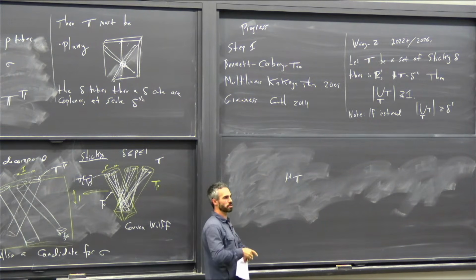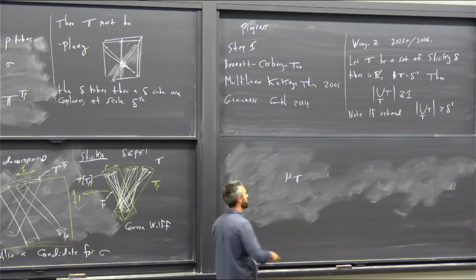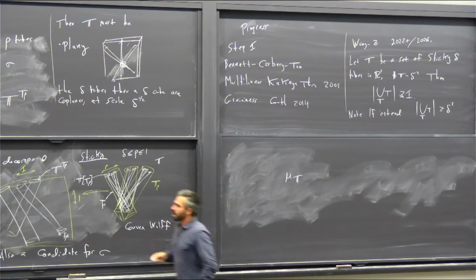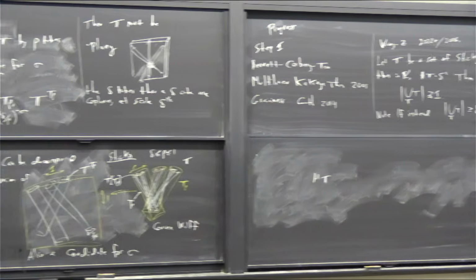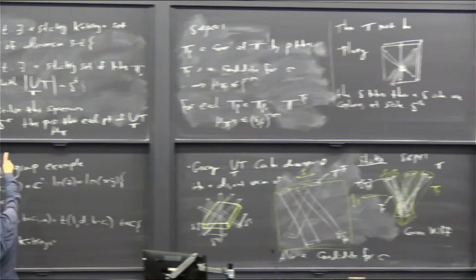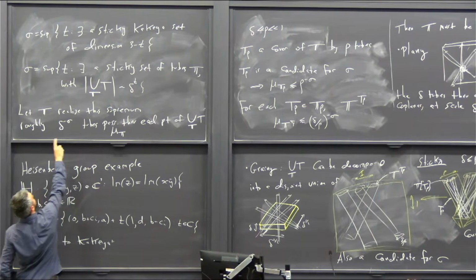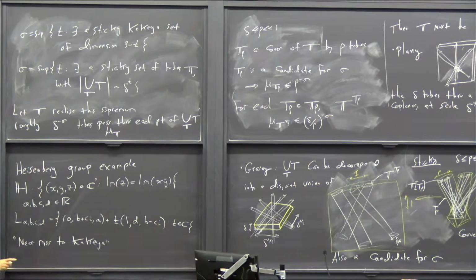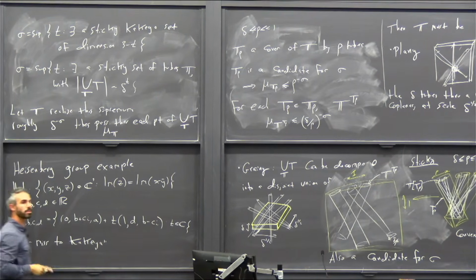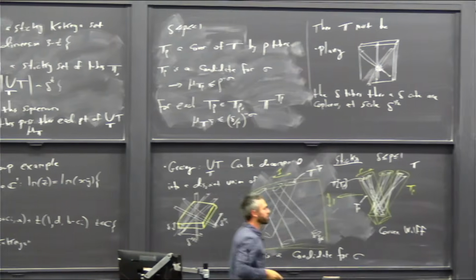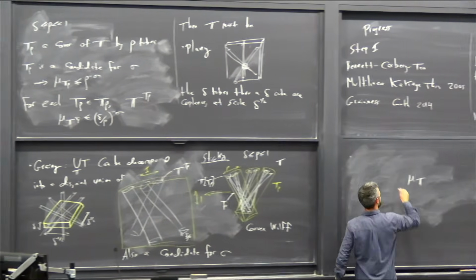Take your union of tubes, look at a typical point. How many delta tubes pass through? That is mu sub T. I began by saying T was an extremal, the worst possible counterexample, right? I defined sigma in this way, and T is a set of tubes which realizes this. So I know more or less exactly what mu sub T is. It is delta to the minus sigma.